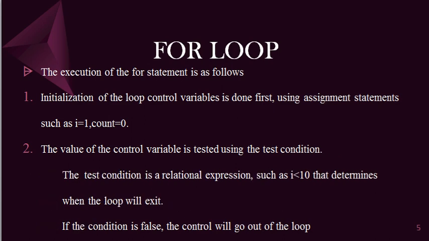So here the value of the control variable is tested using the test condition. What is the test condition? The test condition is a relational expression such as i < 10 that determines when the loop will exit. If the condition is false, the control will go out of the loop.